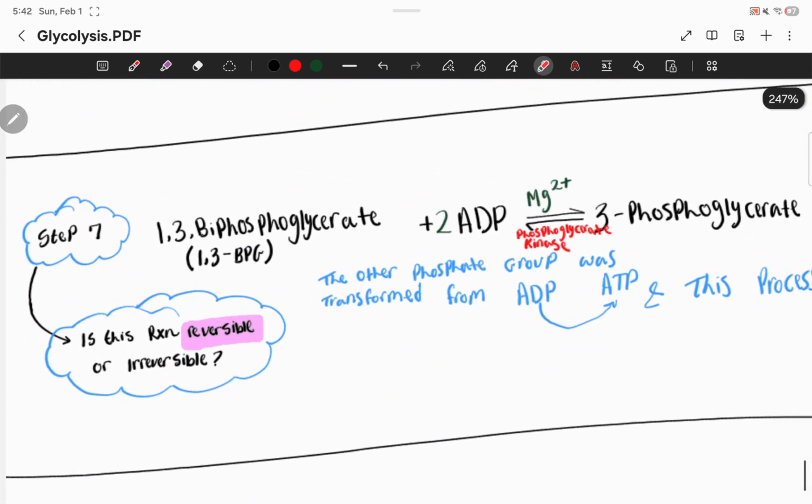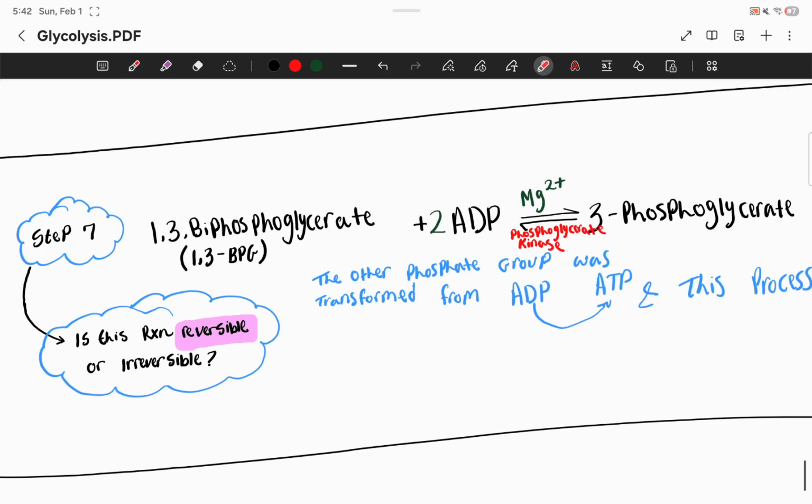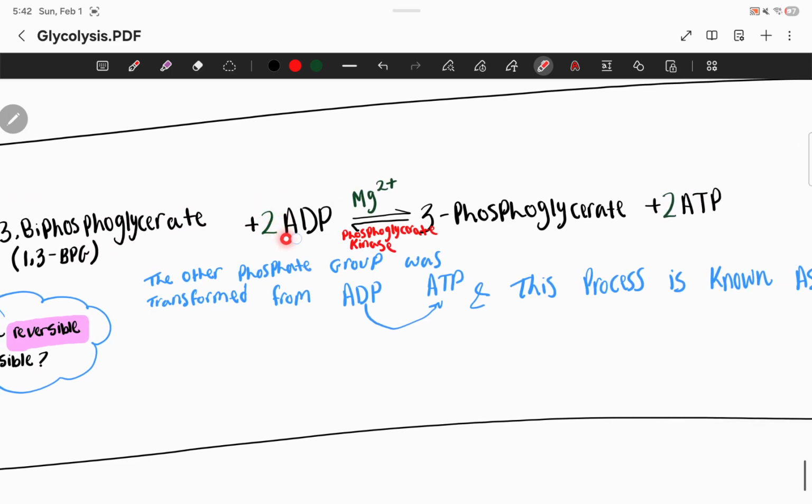Next, step 7, this reaction is reversible, and we're basically taking what we've already made in step 6, which is 1,3 bisphosphoglycerate, plus ADP, which will give us 3-phosphoglycerate and ATP. So ADP will always result in ATP.